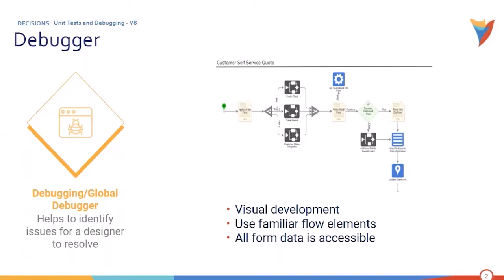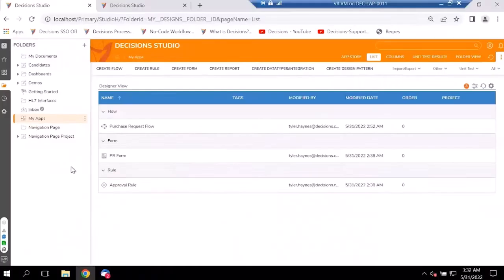Debugger is a visual development environment, uses familiar flow elements, and all the data inside the flow, like form data or any other type of data that we are passing in, is easily accessible. Now, let's quickly jump on to our designer studio. We are currently in our version 8.